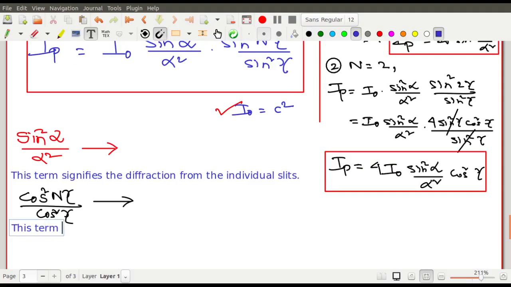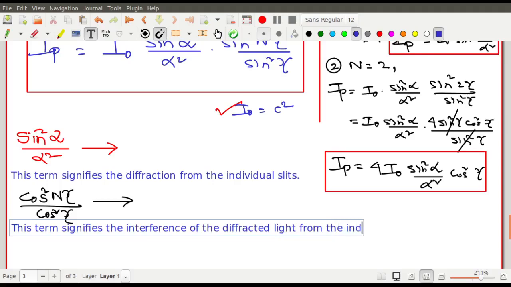This term signifies the interference of the diffracted light from the individual slits. So there will be a diffraction, and the diffracted light will again interfere among themselves to give you this particular pattern. Okay?